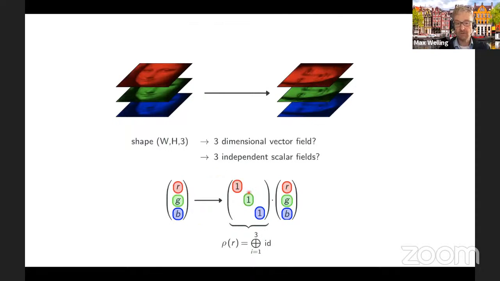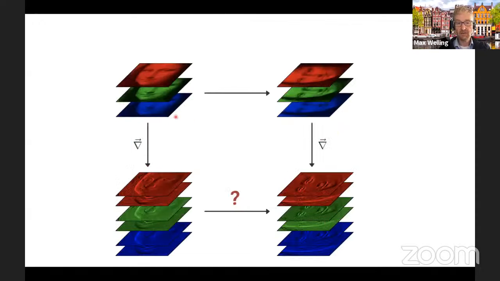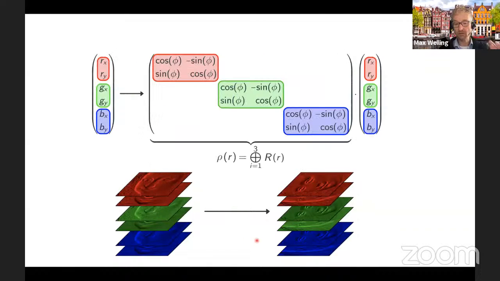And so I can represent that transformation basically as a diagonal operator. Now, if I take the derivatives, things are different. If I rotate the derivatives, actually, they do mix together. So in other words, to get the rotated version out of this, I do need to transform between these 2 copies, but the different color channels don't mix.